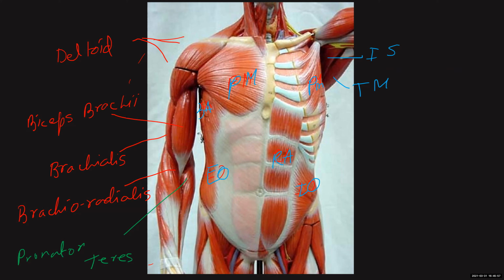So let's look at the muscles of the arm. So deltoid, as we know, clavodeltoid, acromiodeltoid and spinodeltoid, all three together, we call it deltoid. Biceps brachii. And next to the biceps brachii, lateral to the biceps brachii is brachialis.